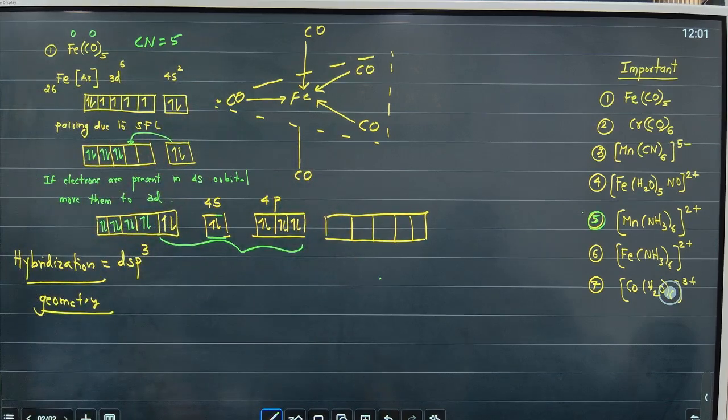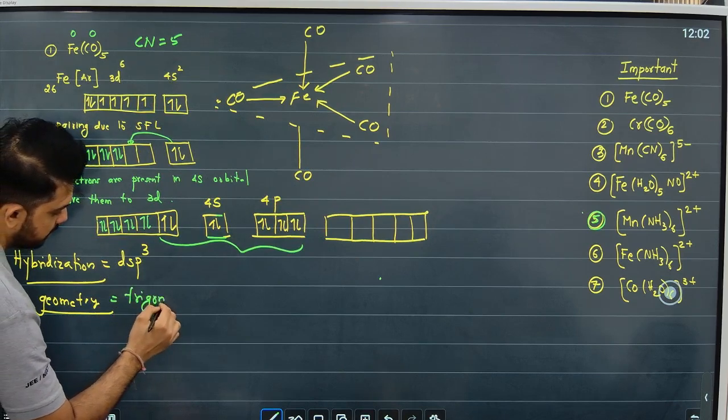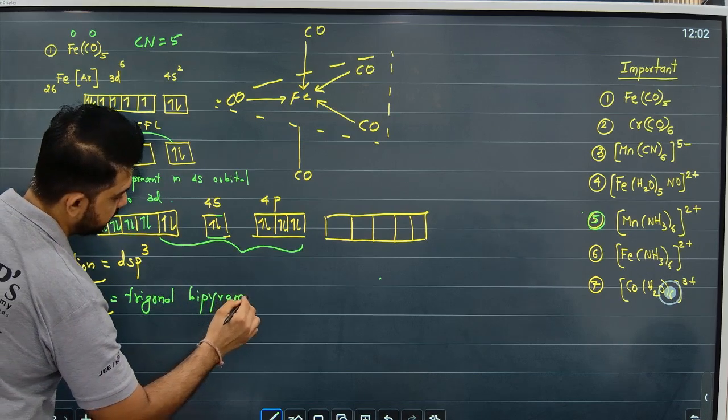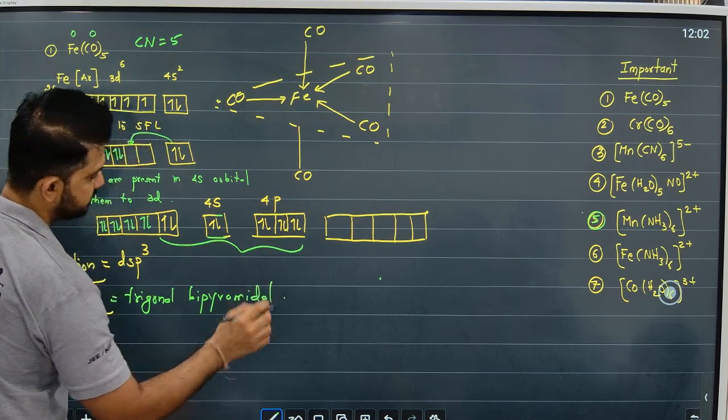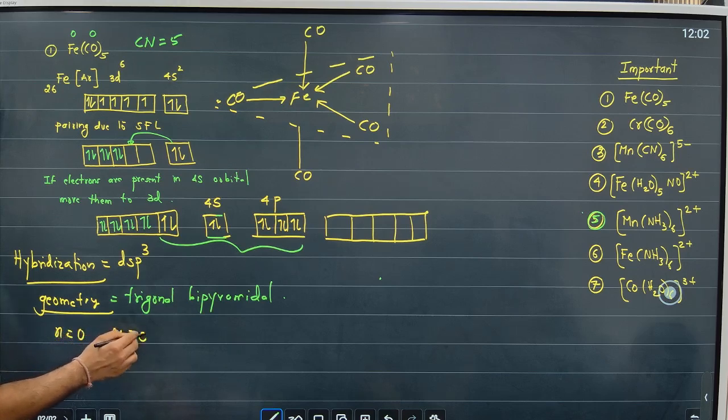Now give me the geometry. Trigonal pyramidal. Number of unpaired and magnetic moment.